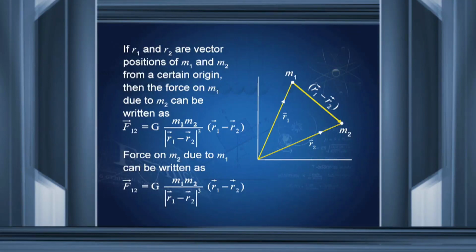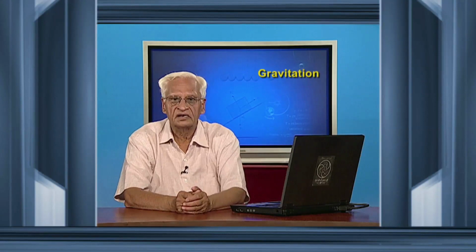Using the same notation we can write F12 equal to G m1 m2 by the cube of the magnitude of r1 minus r2, into r1 minus r2, and F21 as minus G m1 m2 by the cube of the magnitude of r1 minus r2, into r1 minus r2.